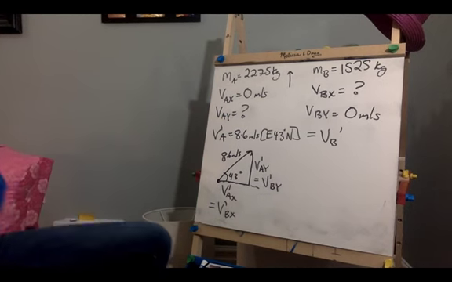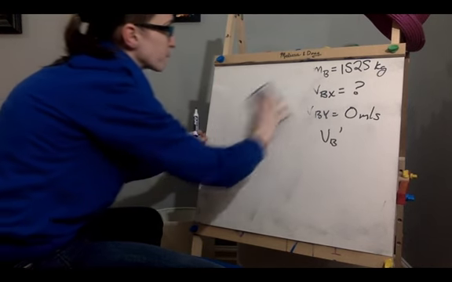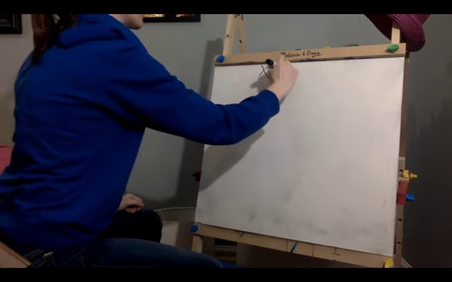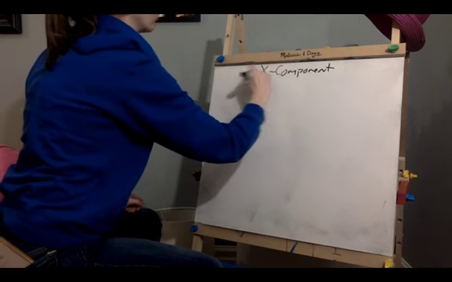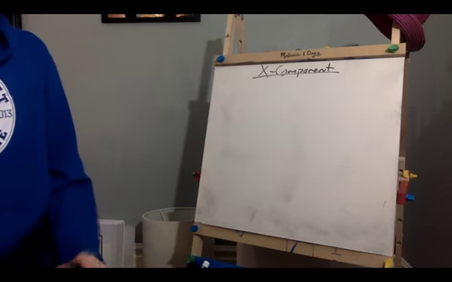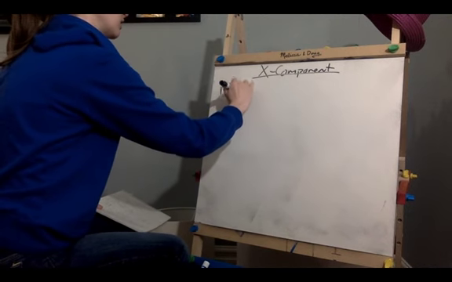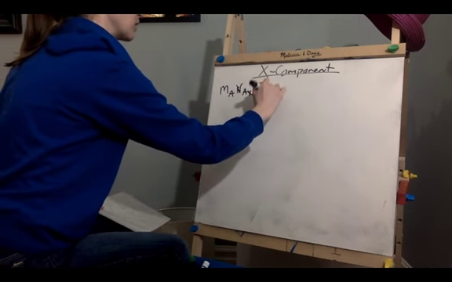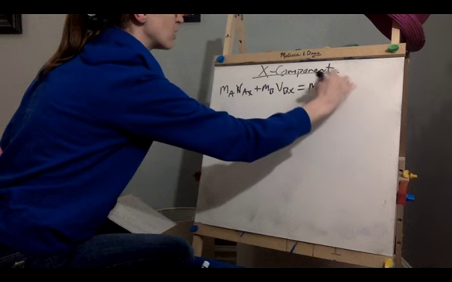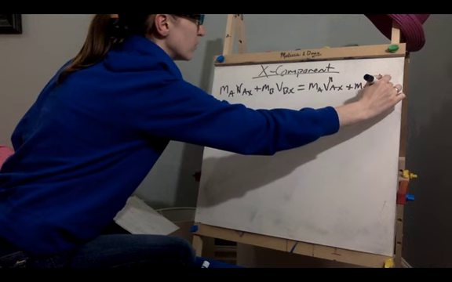All right, so here we go. X component first. Again, it doesn't matter the order you do this. You can do X component or Y component first. I start with X all the time because that's how I graph things, X, Y. So you're still using the law of conservation of momentum: MA VAX plus MB VBX is equal to MA V prime AX plus MB V prime BX.